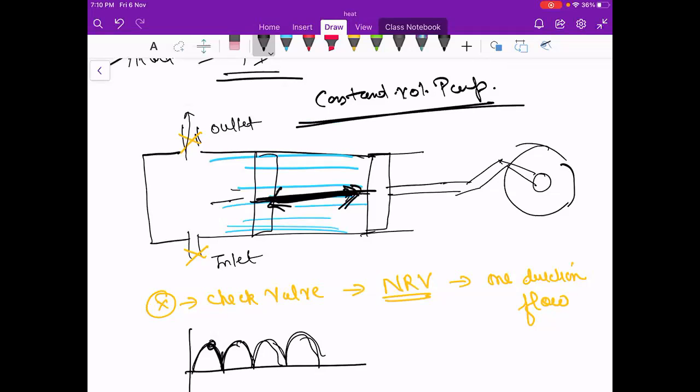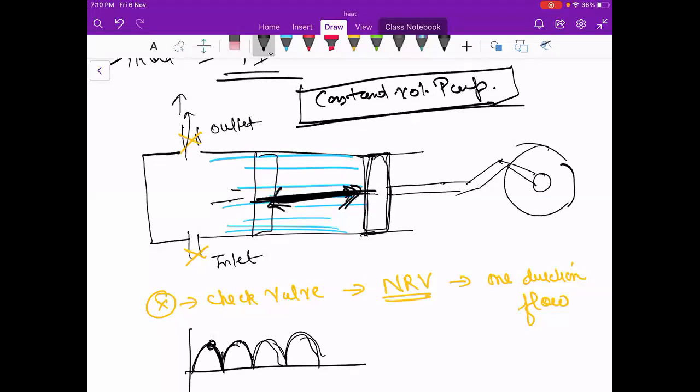Different types of pumps and all that you are going to see in fluid mechanics, that I am not telling, but they are known as constant volume pumps. Why are they known as constant volume pumps? Because see, this is the initial position of your piston, and when it moves forward, it will push a certain amount of fluid in this direction, then it will go back.